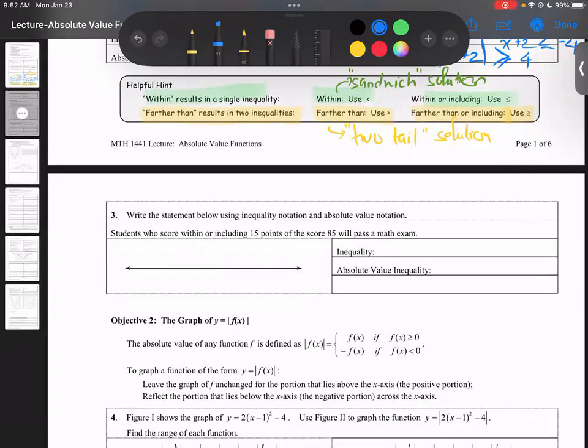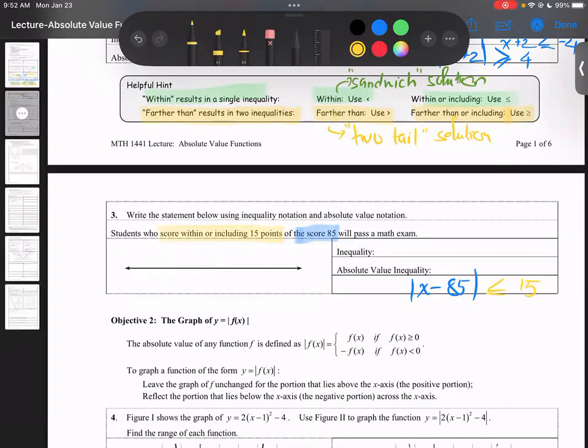So let's figure out the absolute value first. Score of 85, so that means x minus 85, absolute value, because it's within or include, it's gonna be less than or equal to 15.